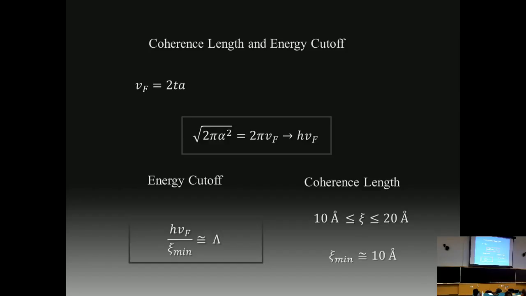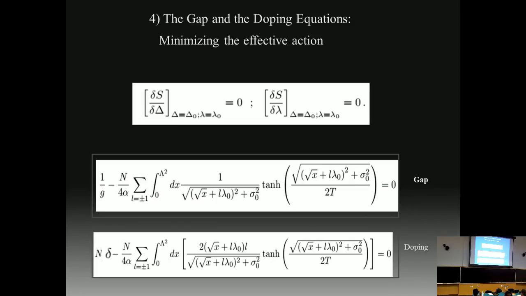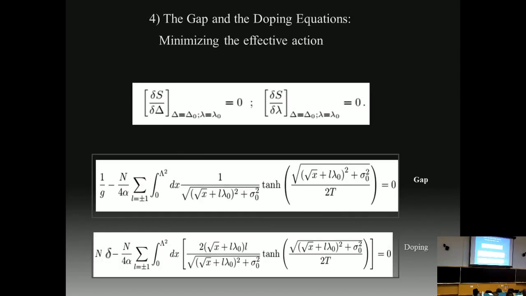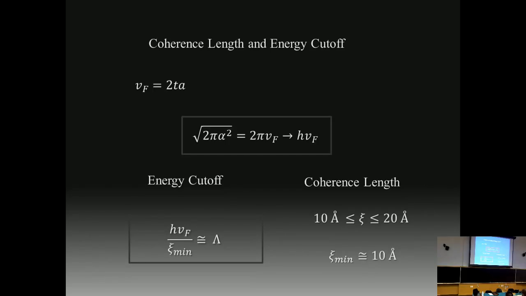By the way, this is just a remark: you see there's a lambda here, and there is an alpha. Alpha is 2 pi v_F squared.